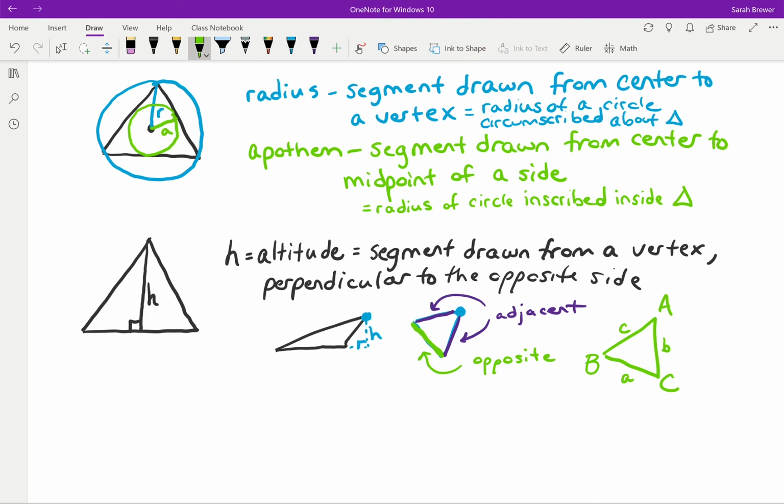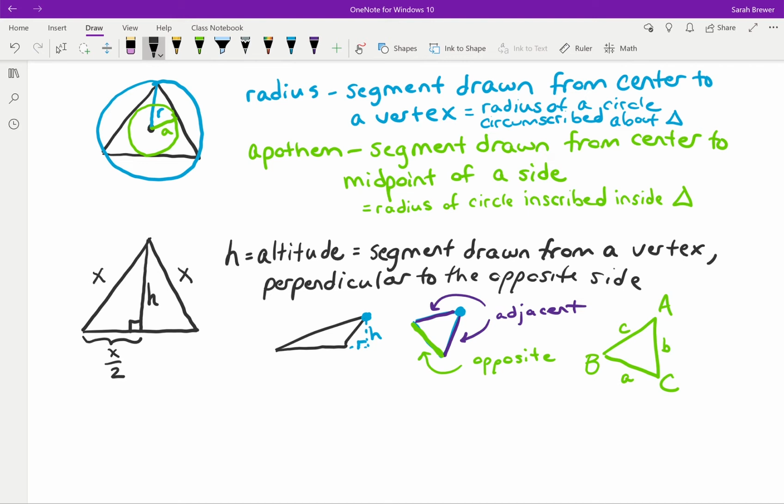So what do we remember about our equilateral triangle? That all three sides are the same. Since this is an equilateral triangle, when I draw this altitude, it's going to go exactly to the midpoint of the opposite side. So that means that this measurement is x over 2.